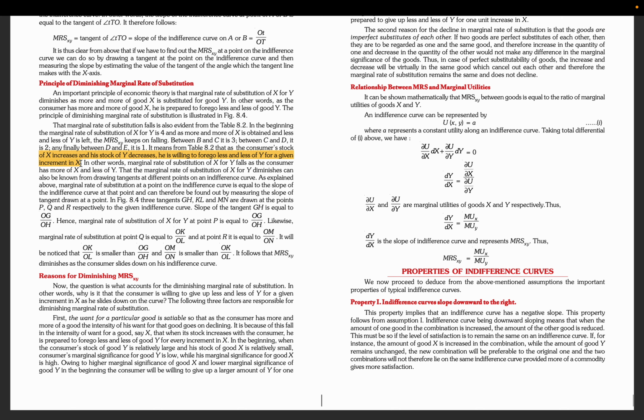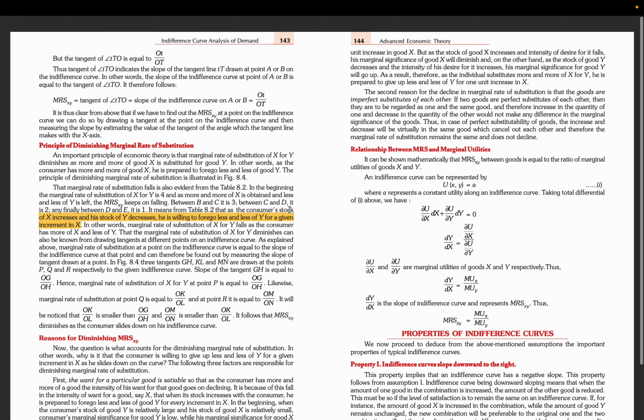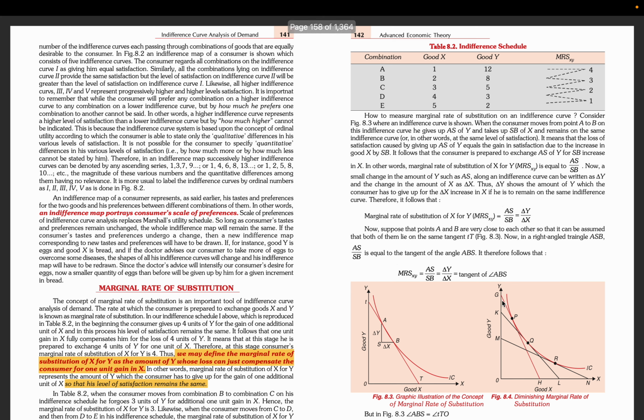As explained above, MRS at a point on the indifference curve is equal to the slope of the indifference curve at the point and can therefore be found out by measuring the slope of the tangent drawn at that point. Three tangents GH, KL, MN are drawn at the points P, Q, R. Slope of tangent GH is equal to OG by OH, change in Y on the Y axis and then the X axis.